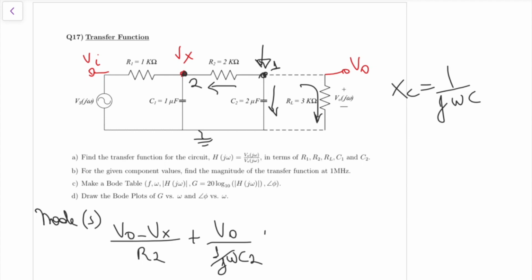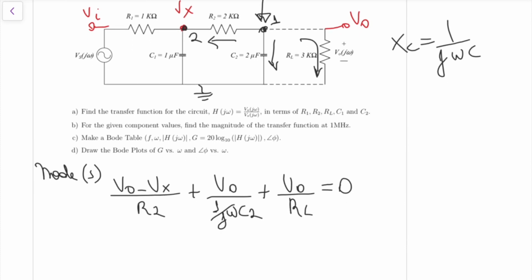Plus V out minus 0 divided by our load, and that should be equal to 0. So from this equation here, we can write Vx in terms of V out.